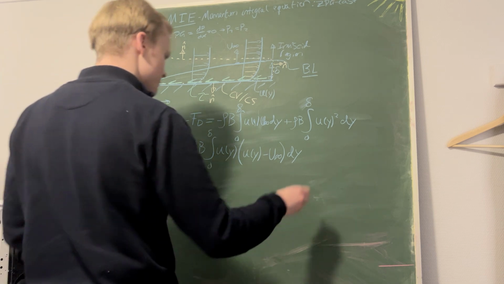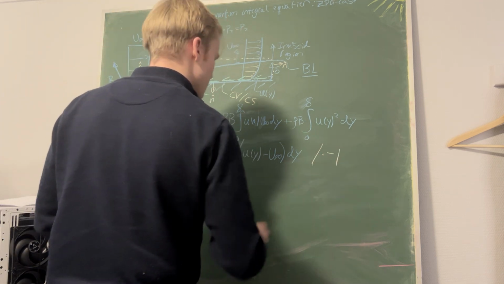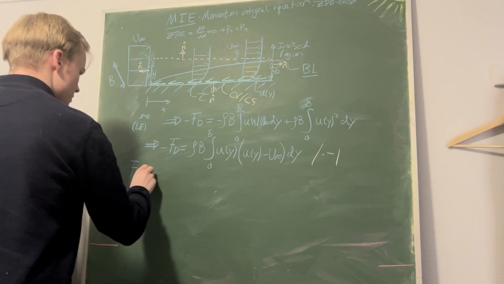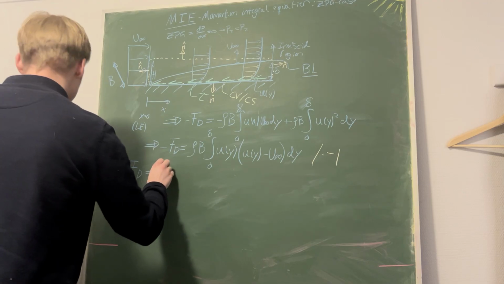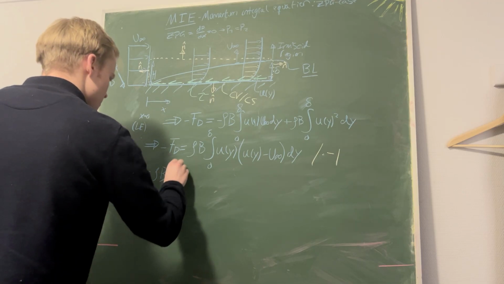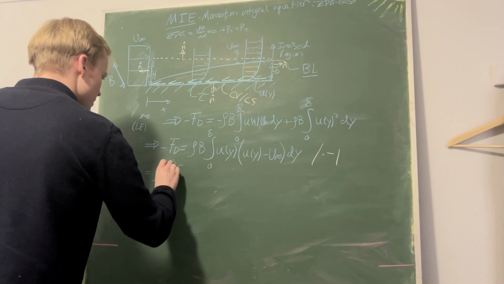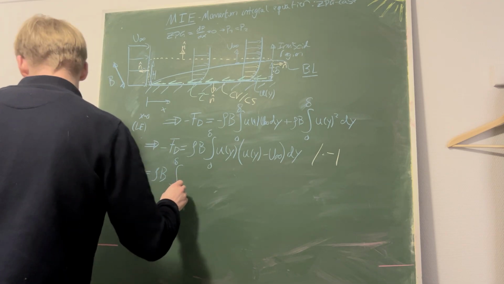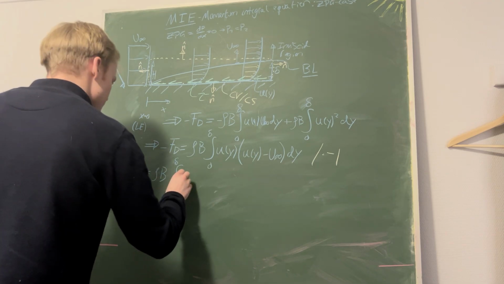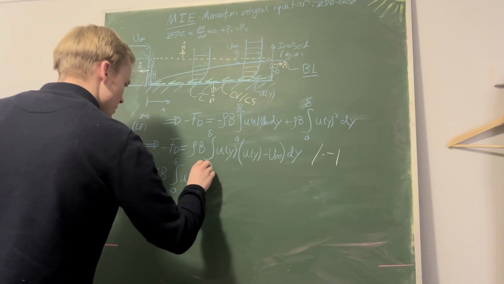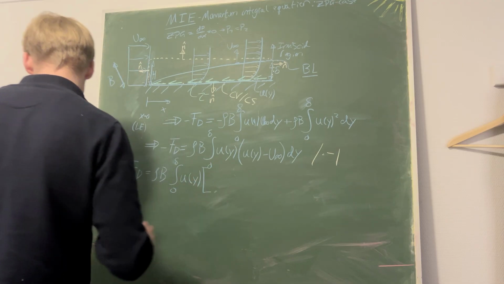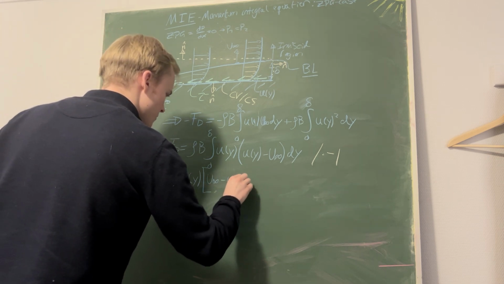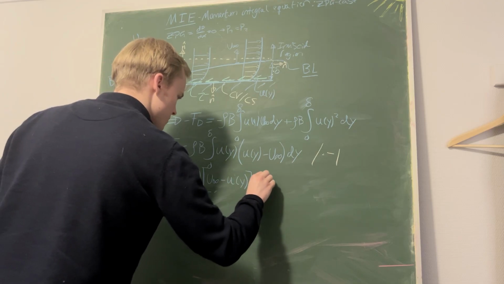So if we do that, we will get Fd equal to rho b, still the same boundaries for the integral, then we have u of y times u infinity minus u of y dy.